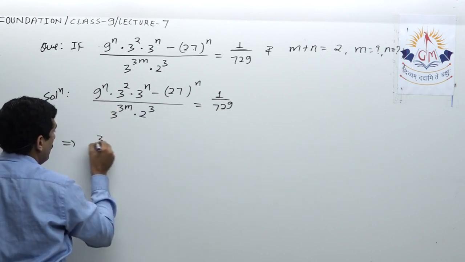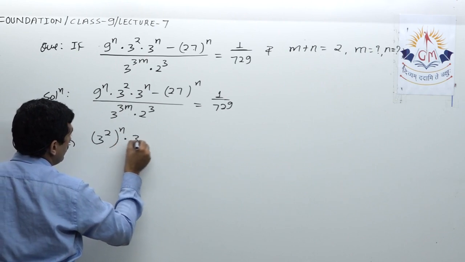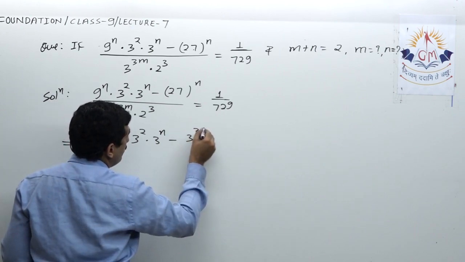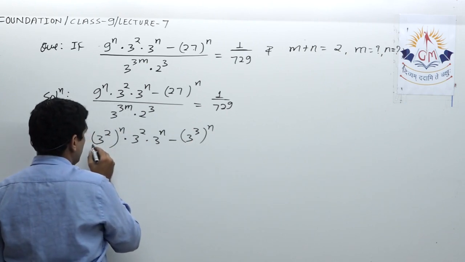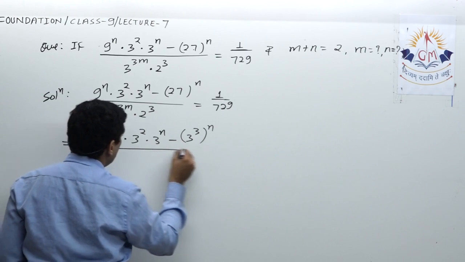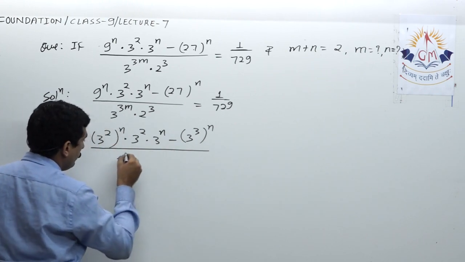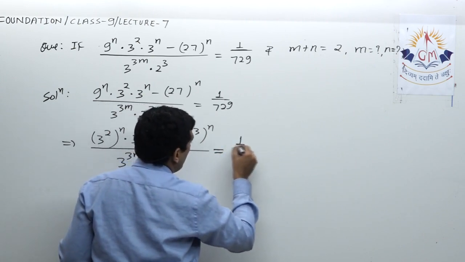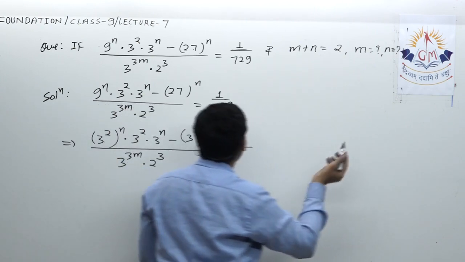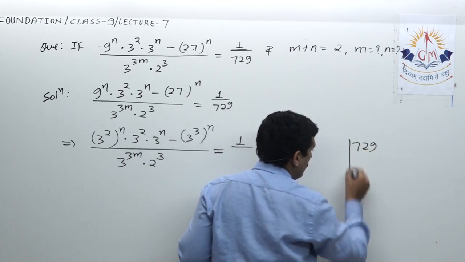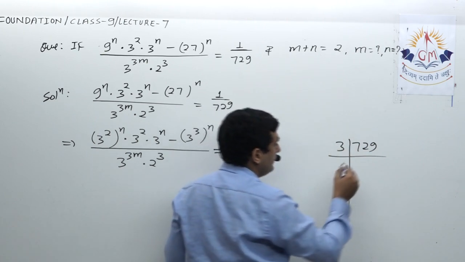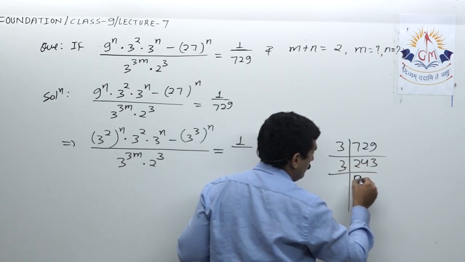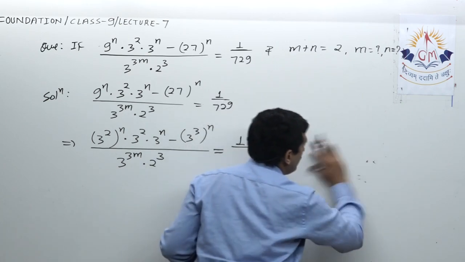Now here I can write this 3 square raised to n into 3 square into 3 raised to n minus, here I can write 3 cube raised to n, divided by 3 raised to 3m into 2 cube is equal to, now this is 1 upon 729, so I think it's 3 raised to 6, but better to get the correct value, so I'll find the factors. Okay, it is correct. This is 3 raised to 4 and 2. So 3 raised to 6.